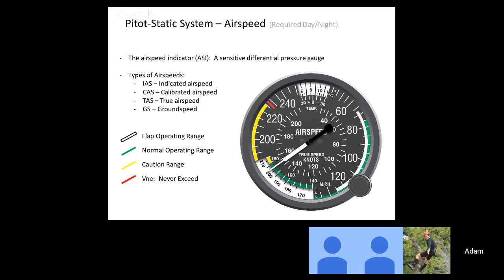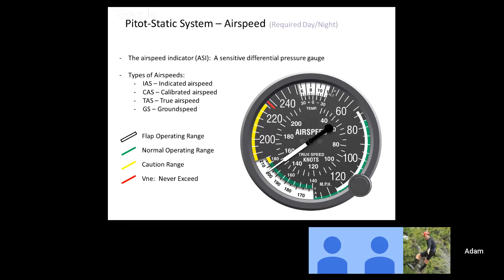So long as the static port on the aircraft is free of obstruction, and the aircraft is not moving, say it's on the ground, your airspeed indicator will be calibrated to show 0 miles per hour or 0 knots. As I mentioned, as the aircraft begins to move and begins to fly, the ram air pressure at the pitot tube overcomes the static pressure that's inside the instrument and begins to show a positive airspeed.